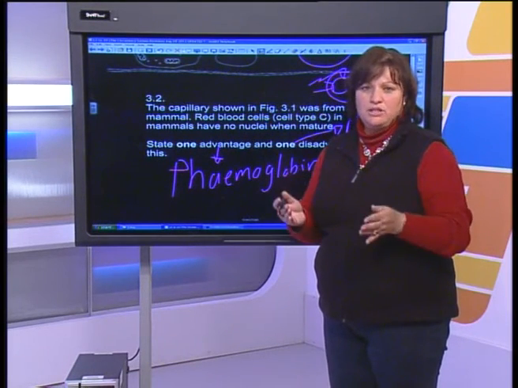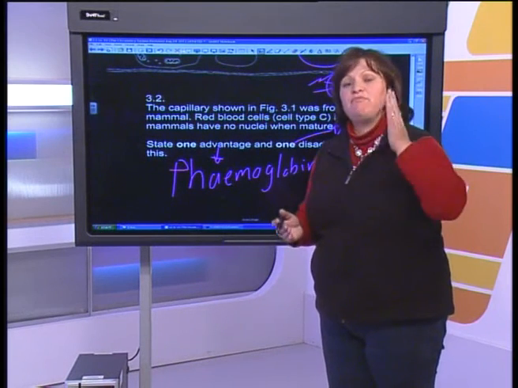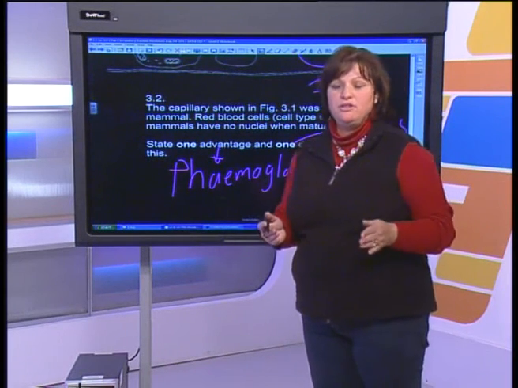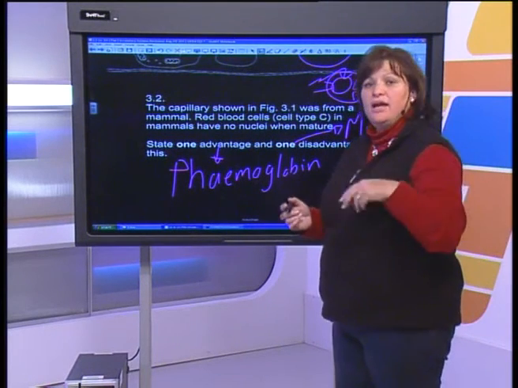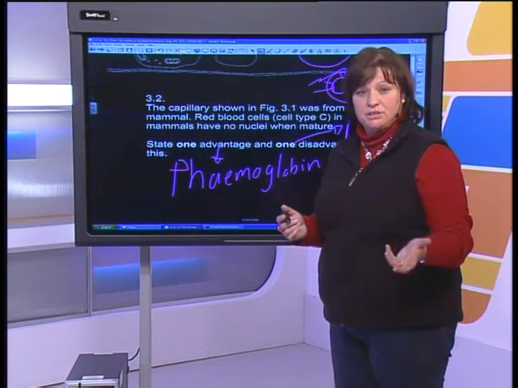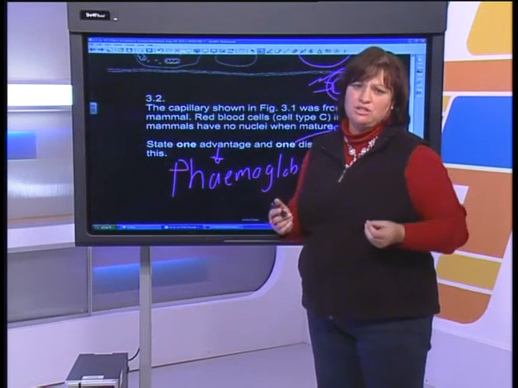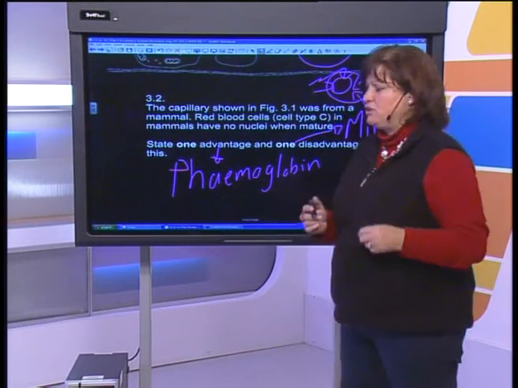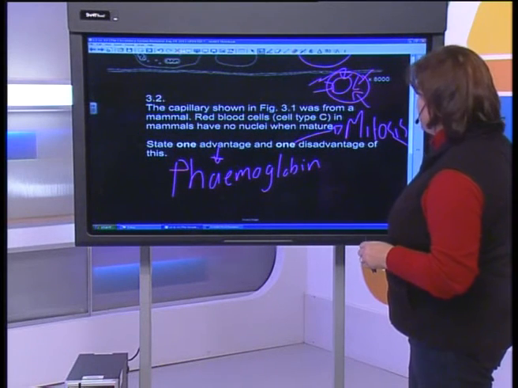If we looked at the structure of the long bone, what do we see inside? We have bone marrow. And what does the bone marrow do? It gives rise to red and white blood cells. And remember, red blood cells have a lifespan, and they have to be reproduced every so often, approximately every 3 months.